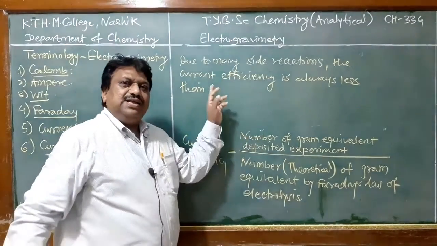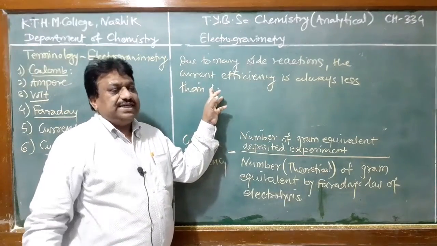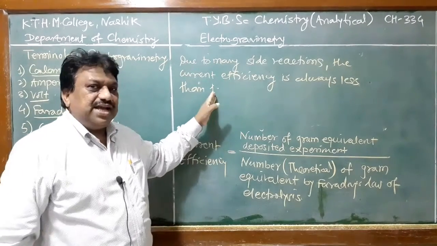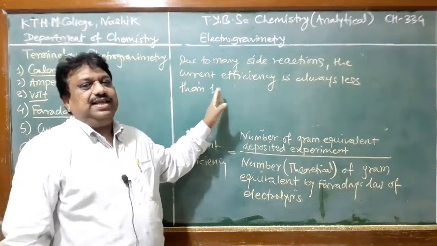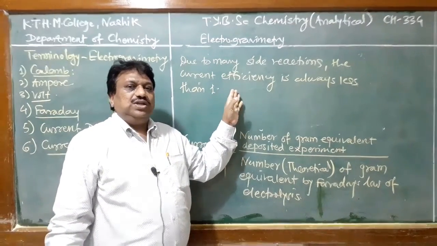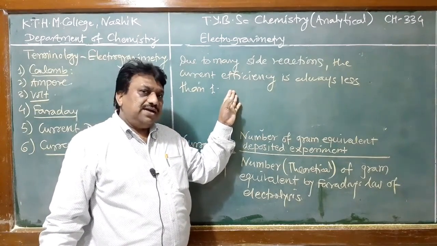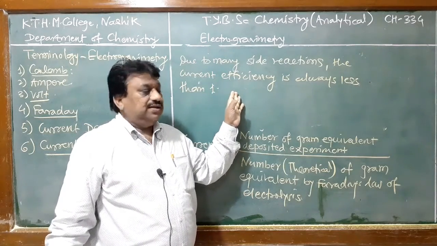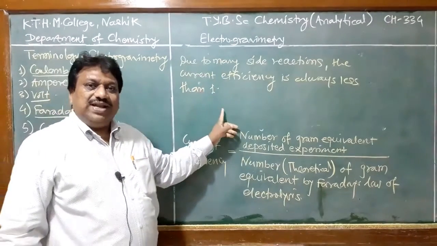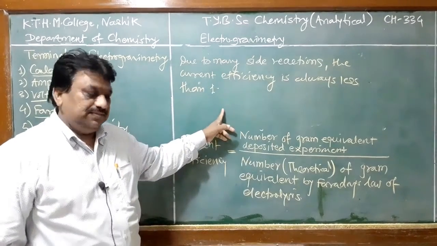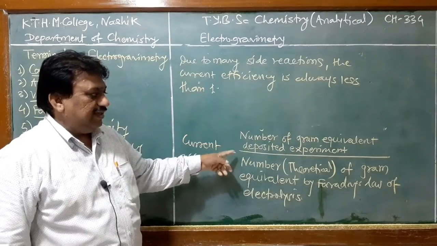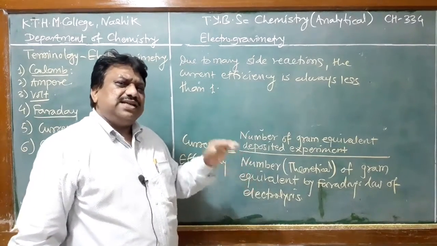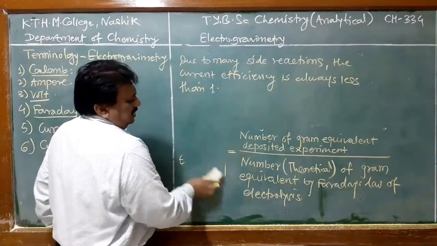Generally, by multiplying by 100, it is expressed as a percentage. It is always less than 100%. If side reactions are not taking place, the total electric charge will be utilized for deposition of the analyte, and then current efficiency is equal to 1. It is never greater than 1, and experimentally current efficiency is always less than 1, as some side reactions take place in the electrolysis cell.